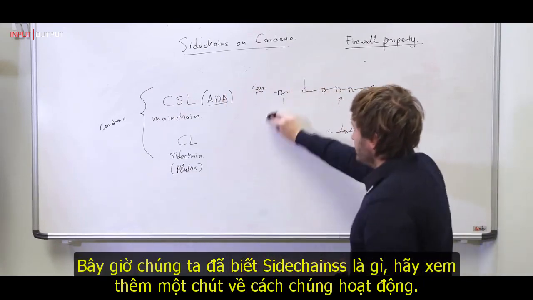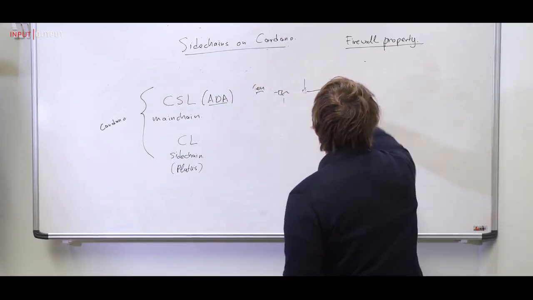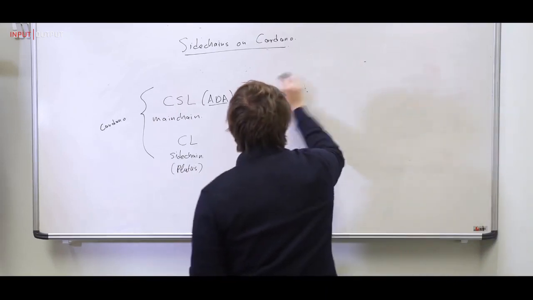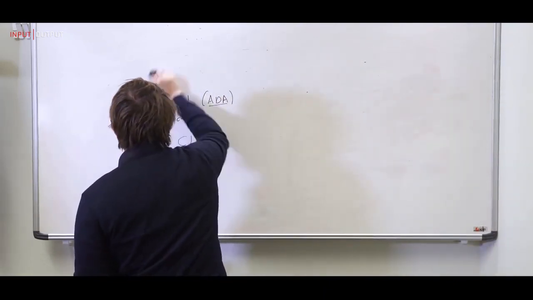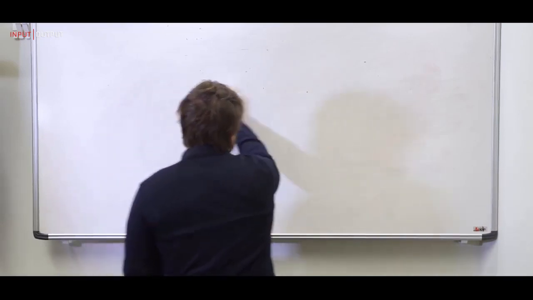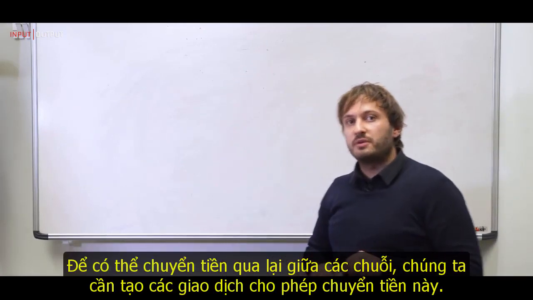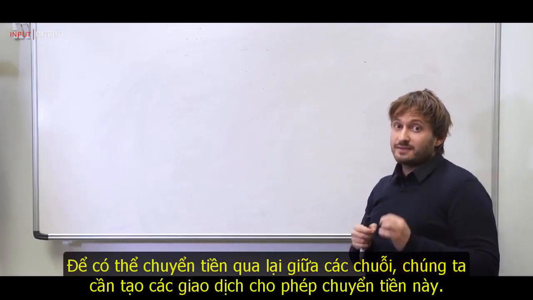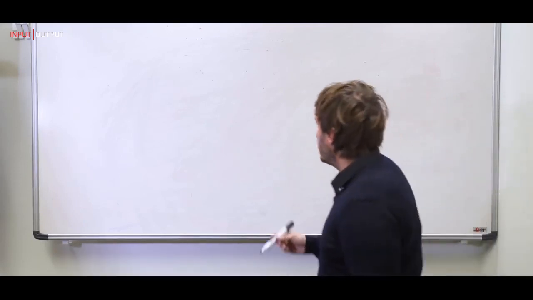So now that we've seen what sidechains are, let's see a little bit more about how they work. In order to be able to move money back and forth between chains, we need to create transactions that enable this movement of money.